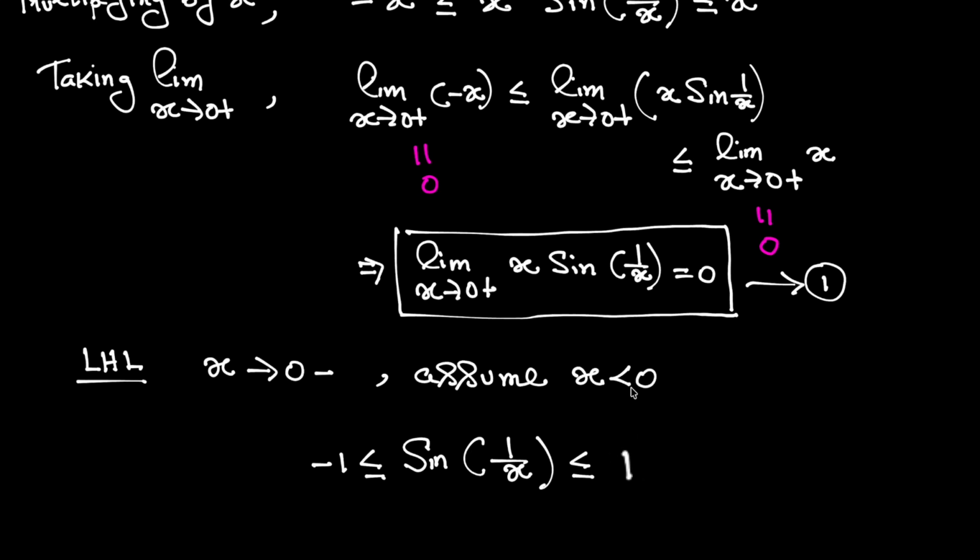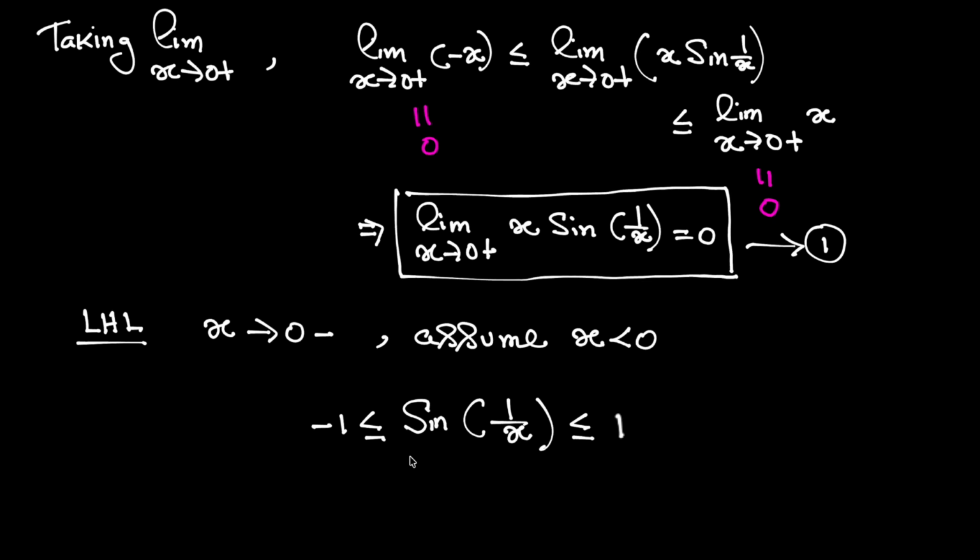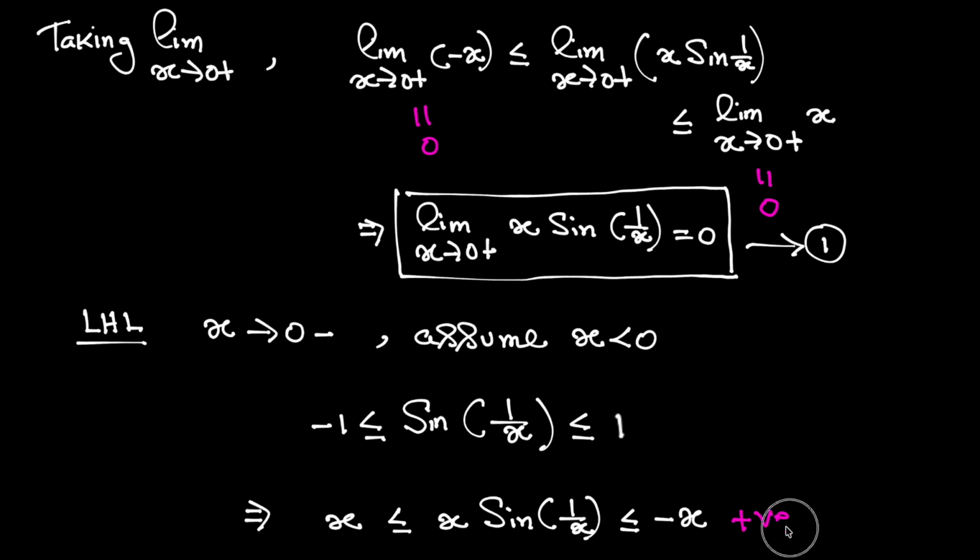Now as x is negative, so if we multiply by this x, the sign of this inequality will be reversed. That is, here we will have x, because x will be negative, less or equals to x times sine of 1 by x less or equals to minus x. See that this is positive and this is negative.